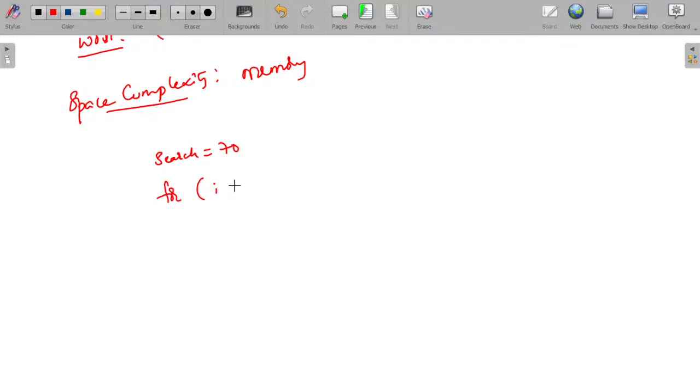For I equals 0 to n, do: if search equals array of I, then we can say that it is found.